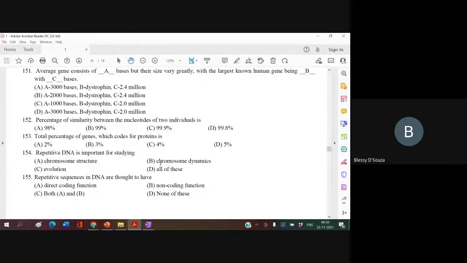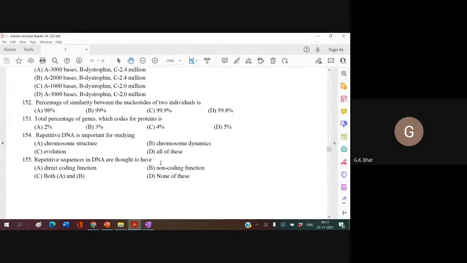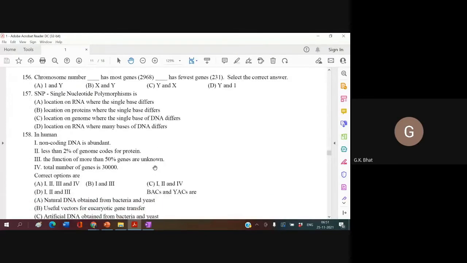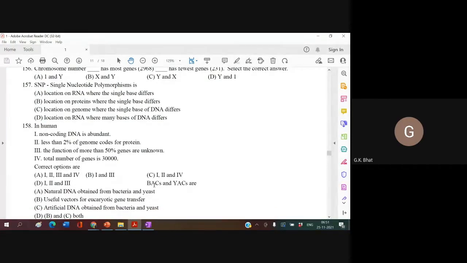152. C. 153. 2%. A. 154. D. 155. B. Non-coding function. 156. A. 157.